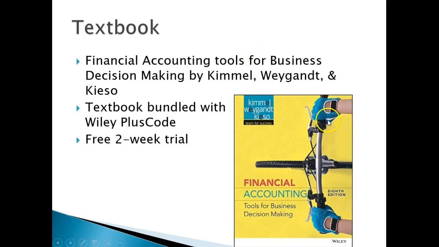If you're undecided about how you want to proceed, it's cheaper to use an online textbook, but maybe you don't know how you're going to feel about that, right? I'm a person who wants a book, but maybe you want to save a few dollars and try the online book. You get a free 2-week trial of the online book and Wiley code. Just know that the code does expire within 2 weeks.